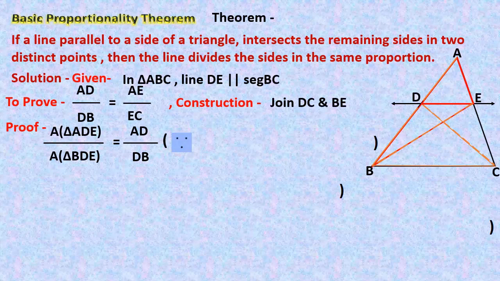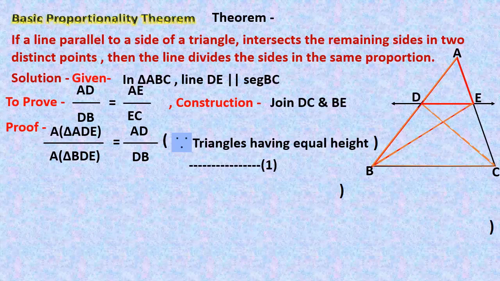That is equation 1. On the RHS, to prove AE upon AC, consider two triangles. In the numerator, side AE lies in triangle ADE, divided by side EC, which lies in triangle CDE.